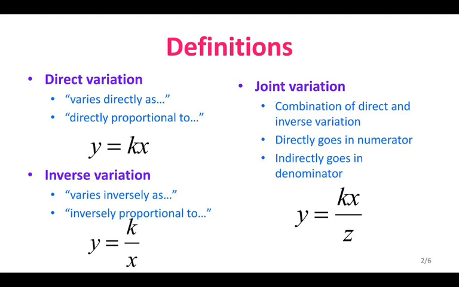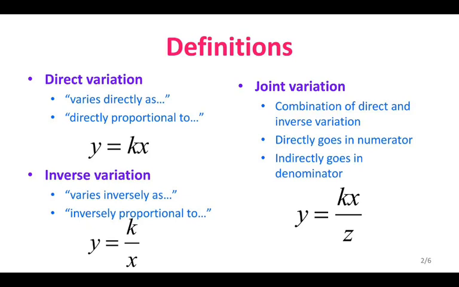So direct variation is when you're comparing two variables, as one goes up, the other goes up as well. So when you're looking at word problems, you'll see these phrases for direct variation. You'll see varies directly as or directly proportional to. Each type of variation does have its own formula, and for direct variation it is this one right here, y equals kx.